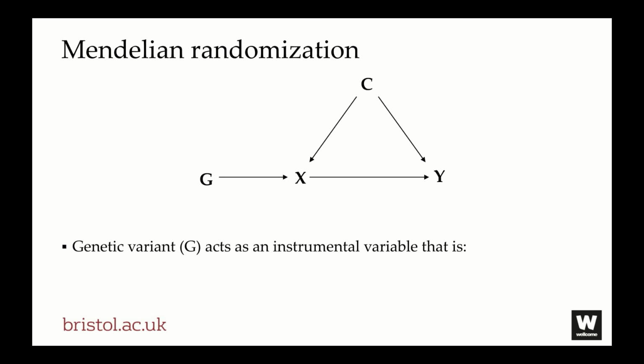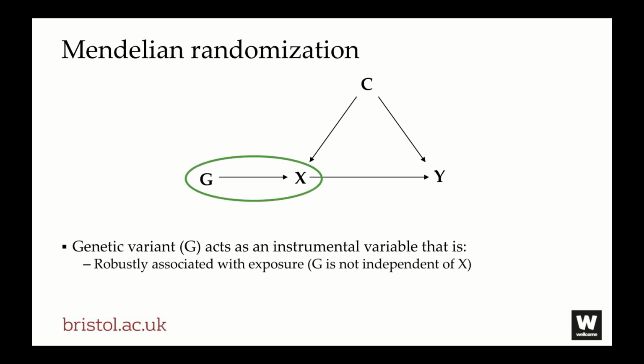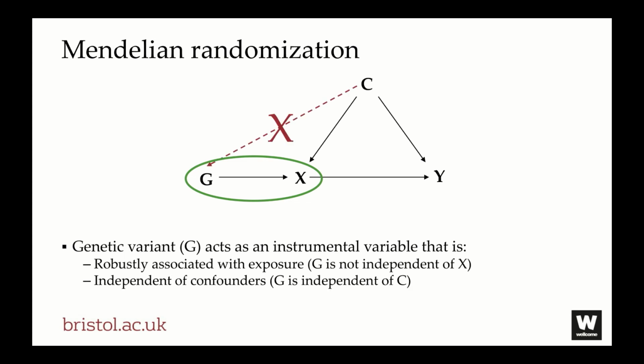Now, there's a whole bunch of assumptions that Mendelian randomization relies on, but there are essentially three that people consistently talk about and also try to test in their studies. One is that we want to make sure that our genetic variant is associated with our exposure, otherwise it wouldn't be a very good proxy. That's sometimes called the relevance criteria. We also want to make sure that our genetic variant is independent of the confounding factors of the exposure-outcome association.